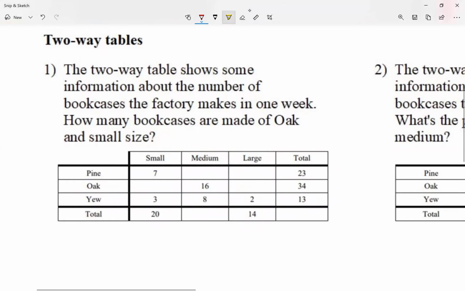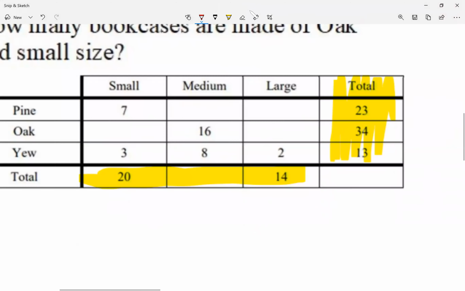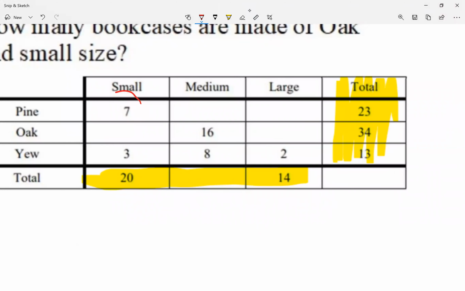Now, let me highlight here. I have the totals here, and here I have the totals as well. The total is a sum of numbers. Here I see some information missing. For small, the three spaces for pine, oak, and yew are supposed to add up to 20.